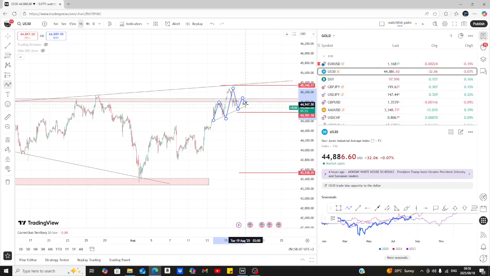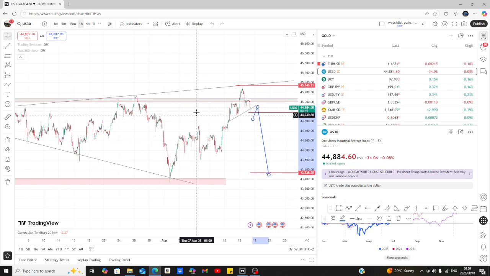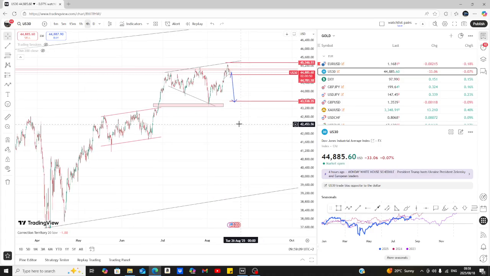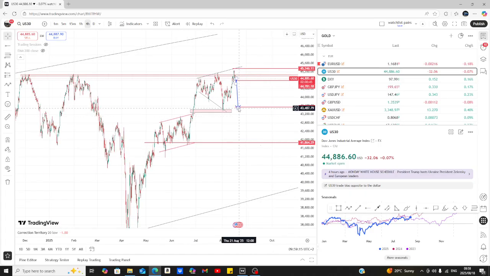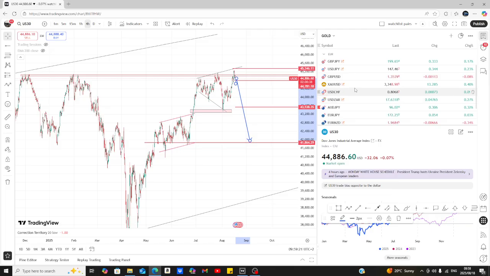And then after that, if the price does break below this area, as I've noted with my zones right here, I will be looking for the price to break out, retest probably around here, and then I'll enter a sell stop position and look to short all the way to the bottom of this expanding pattern with my stop loss just placed above. The overall target for US 30, I will be looking for the price to match this previous potential shoulder, after which I will look for the price to go all the way to the downside. It's just going to depend today on what happens with the dollar.